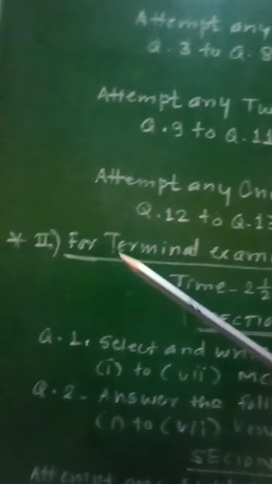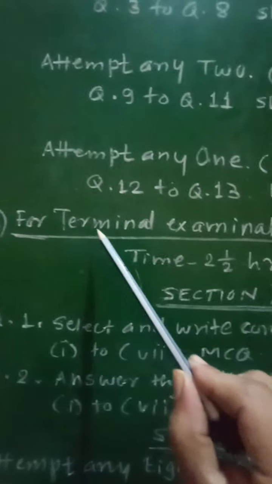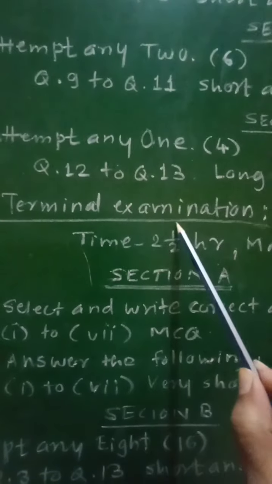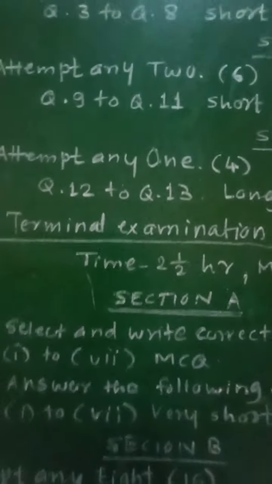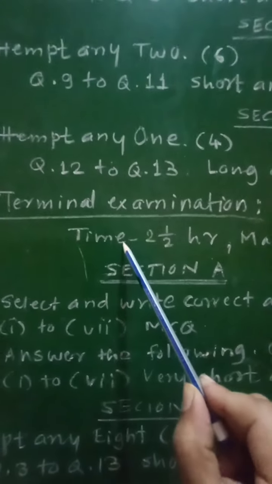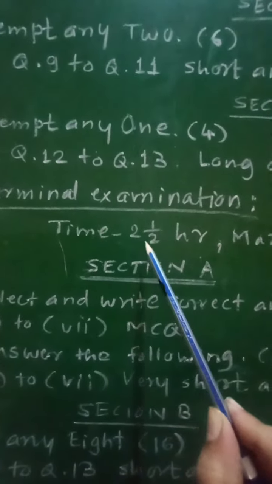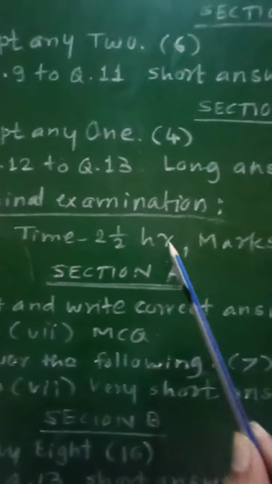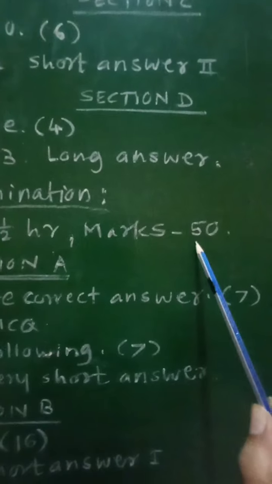Now let us see the second, that is the terminal exam. Terminal examination, that is the first semester exam. For the terminal examination, the duration of the paper will be 2.5 hours and it will carry 50 marks.